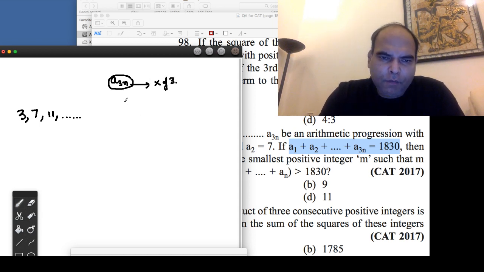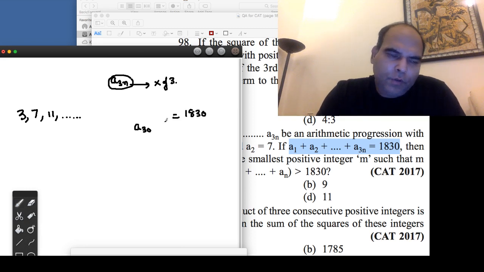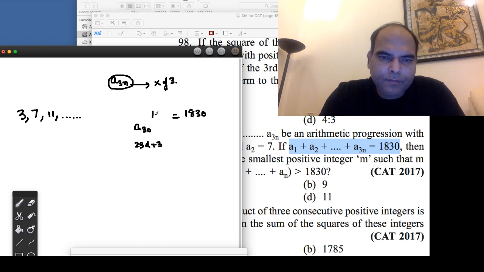So if I think of, let's say, a30, because I have to total 1830 there, then the last term of this series will be 29d plus 3, which is 119.